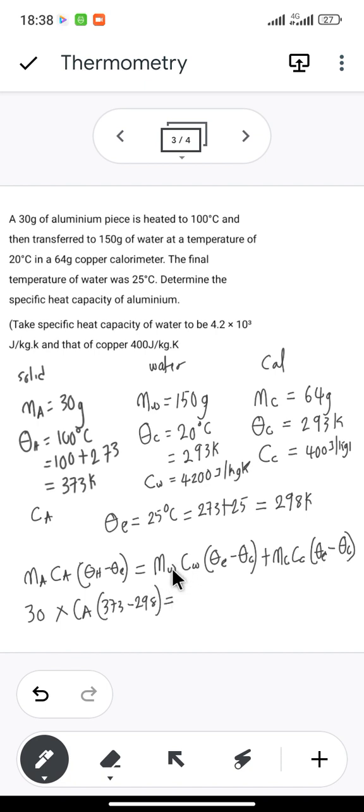The mass of water is 150 multiplying 4,200, multiplying 298 minus the cold, which is 293, plus the mass of the calorimeter, which is 64, multiplying the specific heat capacity of the calorimeter, which is 400, multiplying the same thing, 298 minus 293.